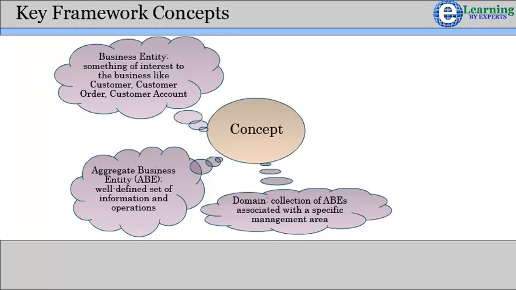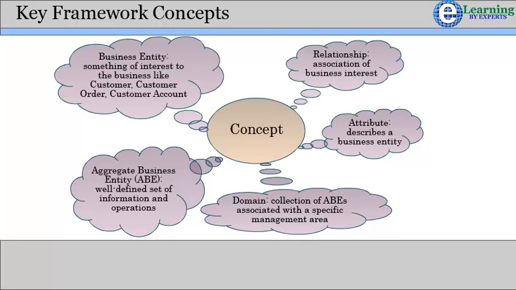Domains that make up the information framework are consistent with business process framework level 0 concepts. An attribute is a fact that describes a business entity. A relationship is an association of business interest between two business entities, or between a business entity and itself.